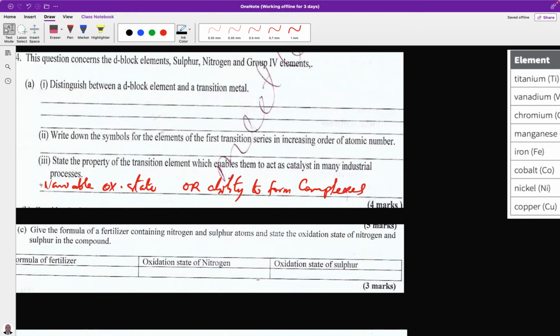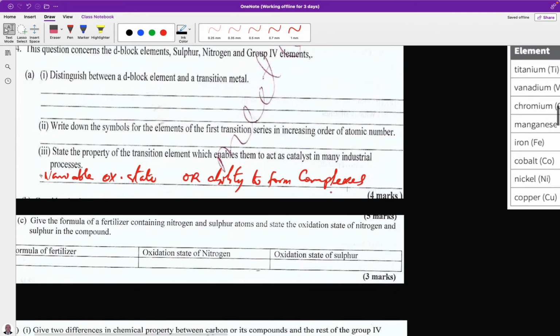That ability to form complexes enables them to form intermediates in a chemical reaction, so it will enable them to form reaction intermediates with suitable reactants. So you can either say they have variable oxidation state, or you can say ability to form complexes. Either of the two is good. That's a good property that will enable catalysts to act in an industrial setting.